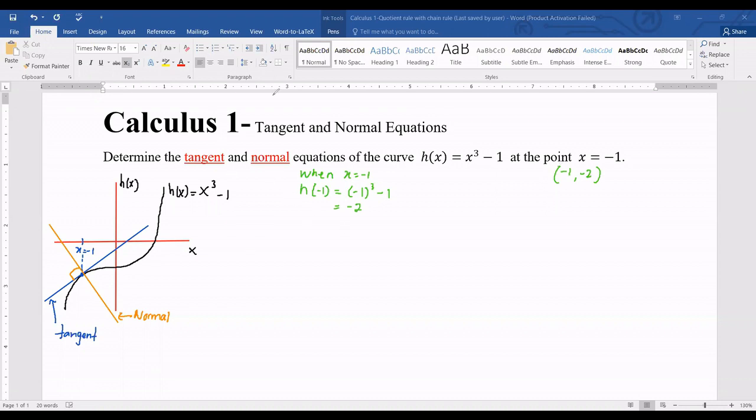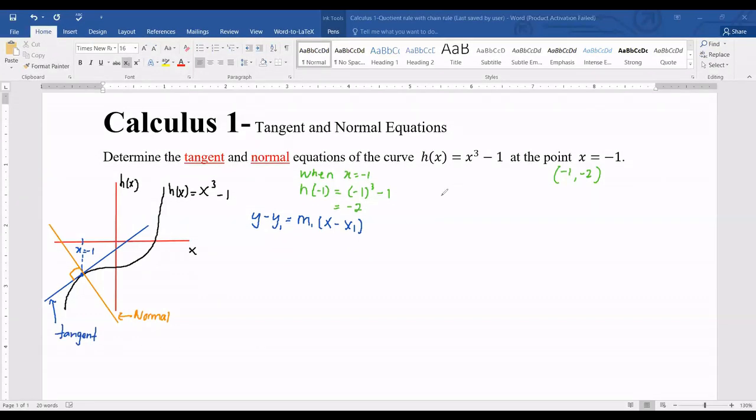As the first step, we write the equation of the tangent function: y minus y1 equal to m1 in bracket x minus x1. This is your equation of the tangent, where m1 is the gradient of the tangent function.